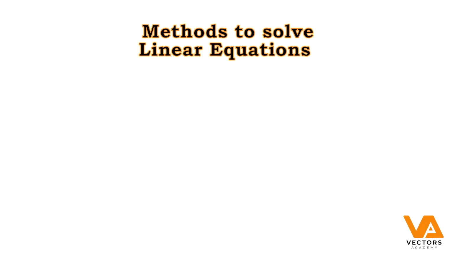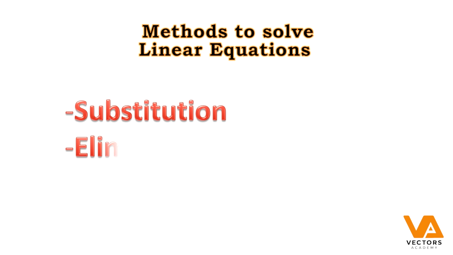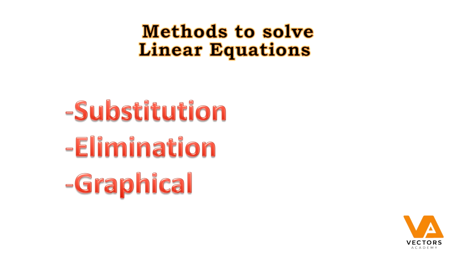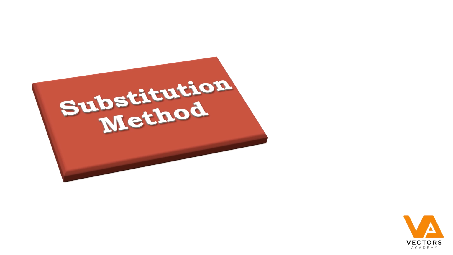Now let us have a look at the different methods to solve linear equations. We have substitution, elimination and graphical. Now let us have a look at how to solve linear equations using the substitution method. Consider these two equations, x plus y is equal to 14 and x minus y is equal to 4.